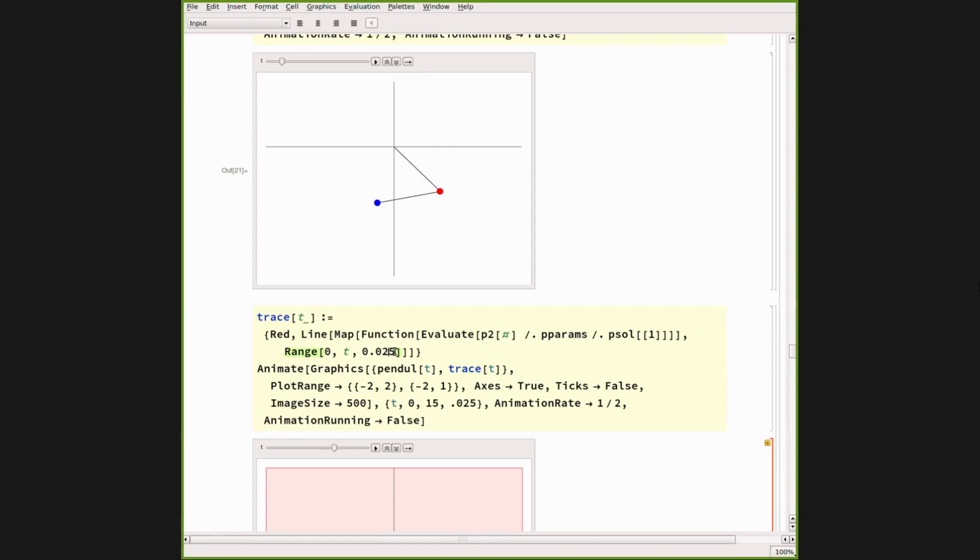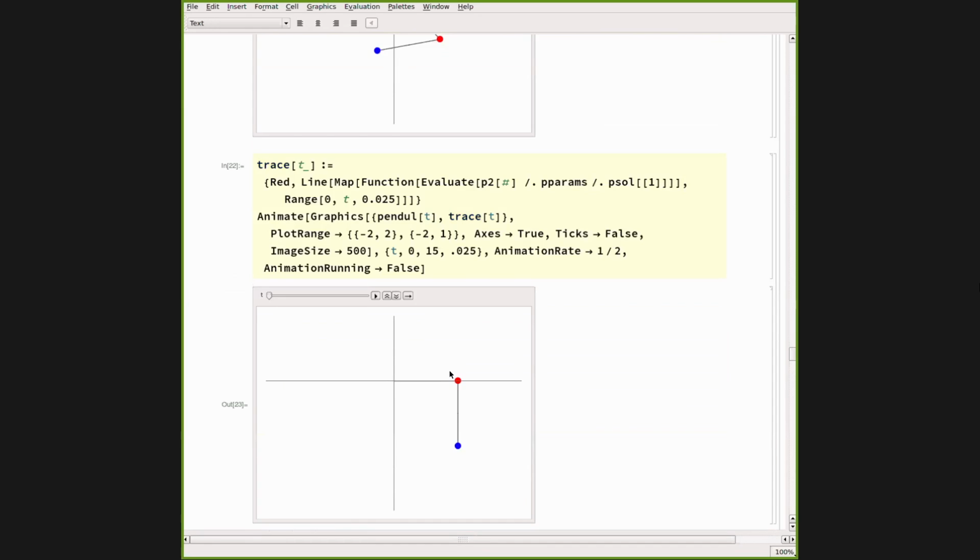And the smaller it will be, then there will be longer time to compute it. Okay, and now we will animate not only pendulum, but also trace. So we can use both these elements. And when we will do this, you will see that here is the additional red line, which simply shows how the second mass was moving.